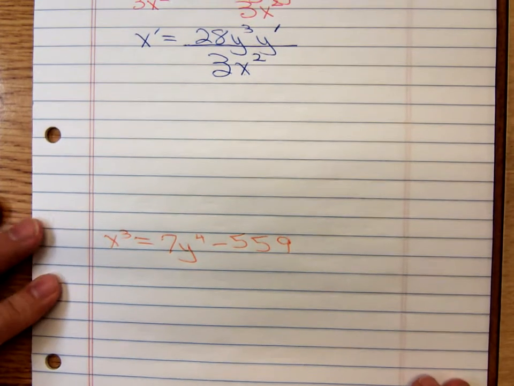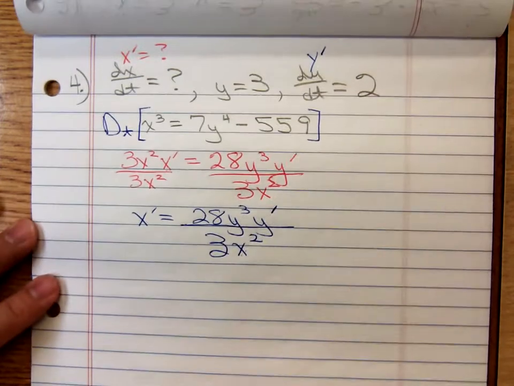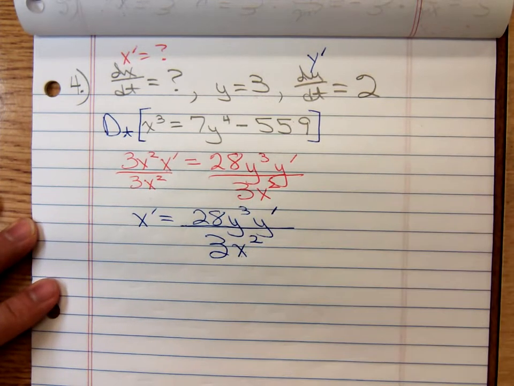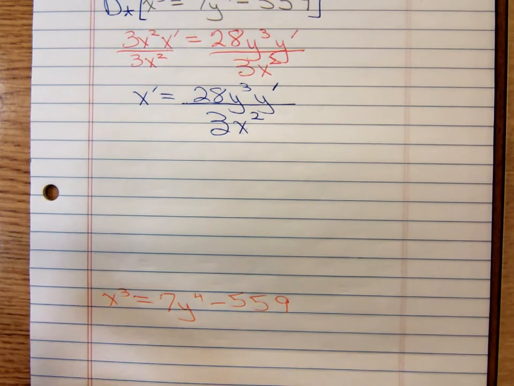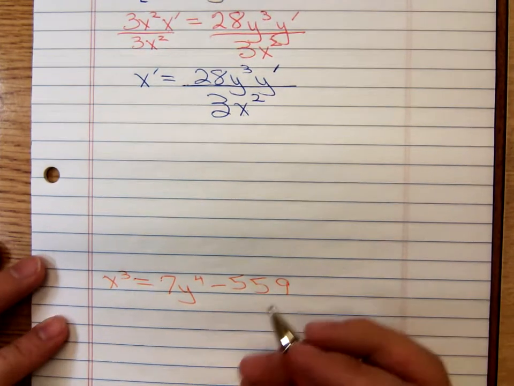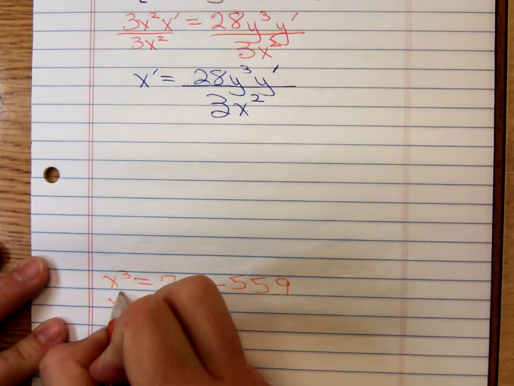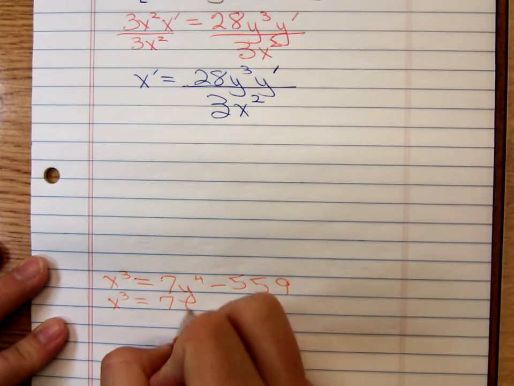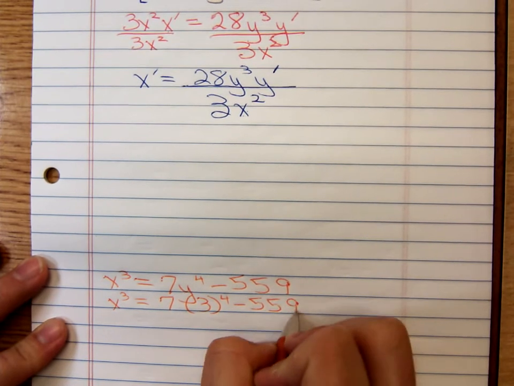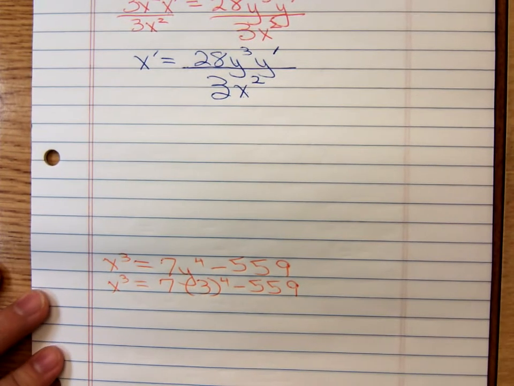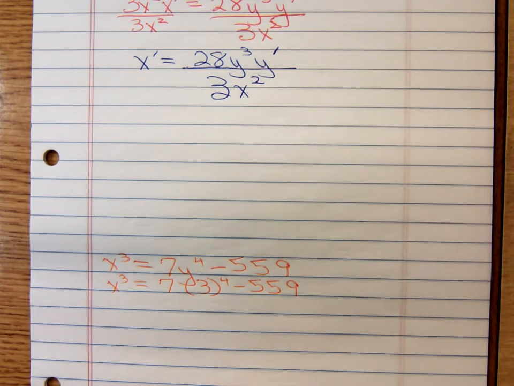So we said y is equal to 3, so we're going to plug in 3 for y. 3 to the 4th is 81, and 81 times 7 is 567.